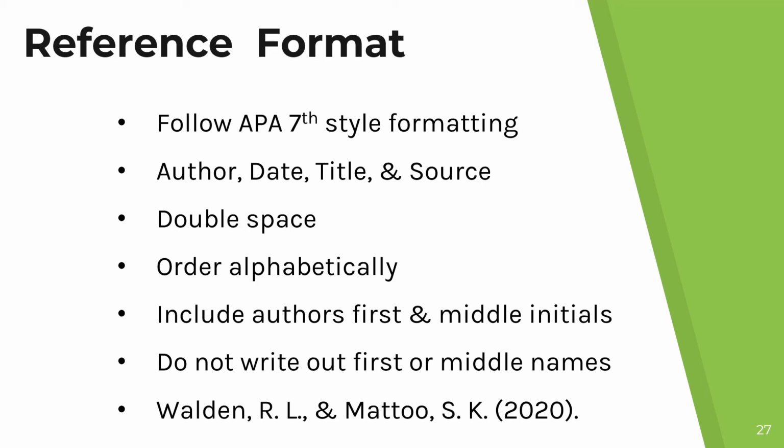Write author names in inverted format so that the last name comes first, followed by a comma, and then the initials. Place a period and a space after each initial. So Walden, comma, space, R, period, space, L, period, comma, followed by the rest of the citation. The first line is flush left, and all subsequent lines are indented 0.5 inches.